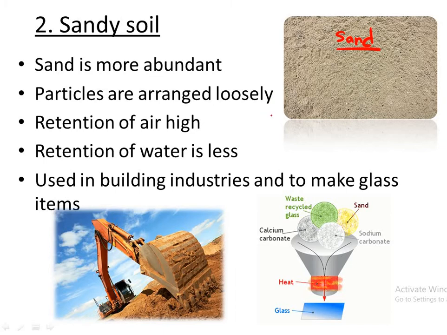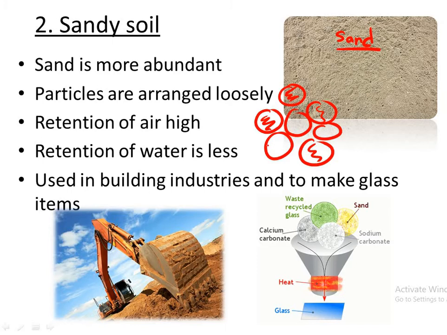That means if these are the soil particles, the air space, the space occupied by air, is very high. So these sand particles are loosely held, and like I had said earlier, can store lots of air in it, therefore air retention is high.